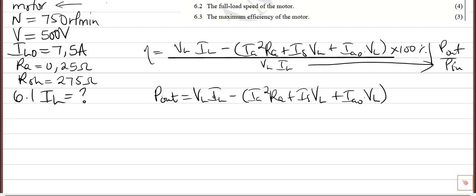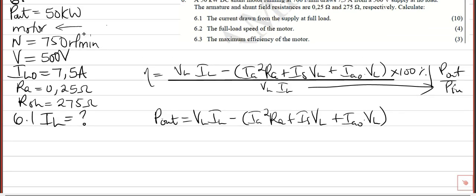This is our expression or equation for output power in a motor. Based on the given data, we were given output power as 50 kilowatts. So we have output power. They gave us VL. We are looking for IL.